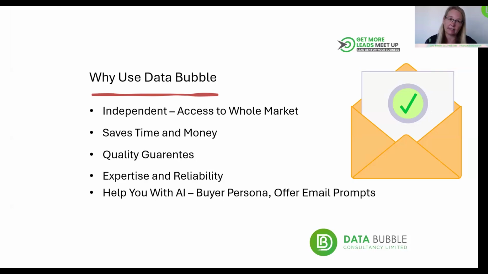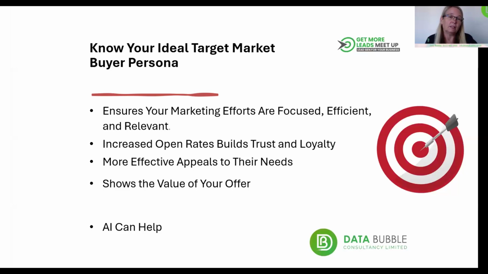You'll see later. Any marketing campaign starts with knowing your ideal client. Knowing your ideal client ensures that your marketing efforts are focused on them. They're effective, they're relevant, and you are then able to create a message that resonates with that particular buyer persona or that particular industry.